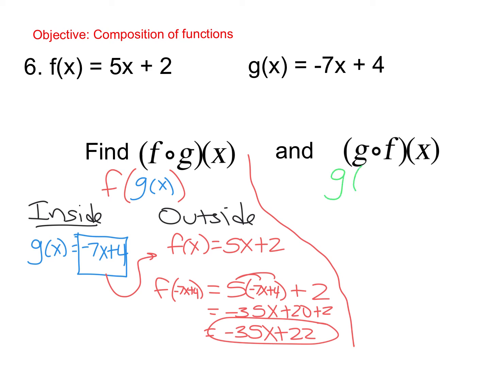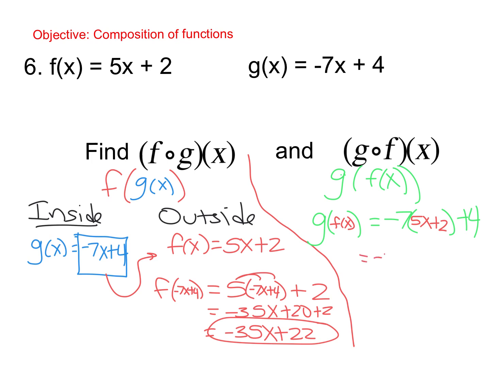I write g of f of x. My outside function is g. So g of negative 7 plus 4. And then what's going on the inside? The inside is my f of x. I usually will write f of x here. And then inside over here, we're going to write what does f of x actually equal? 5x plus 2.